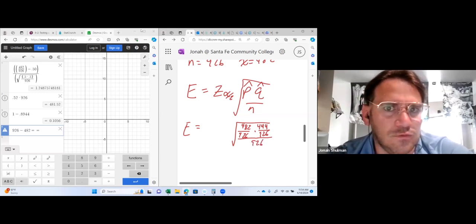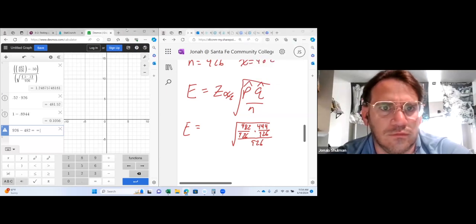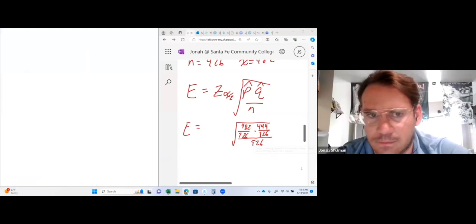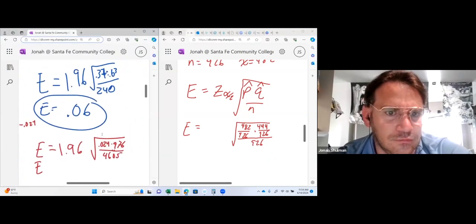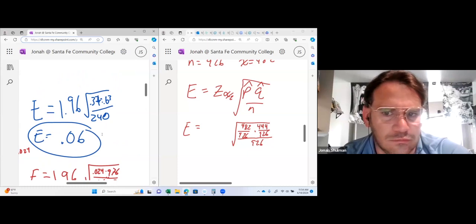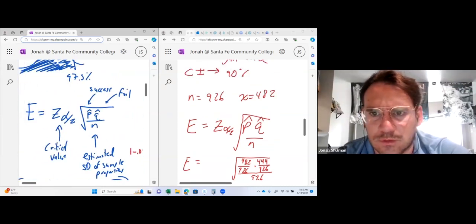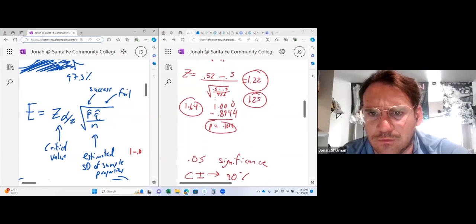And I believe to get our critical value, we should have it previously, right? We already get it. Yeah, we already know it's 1.25.